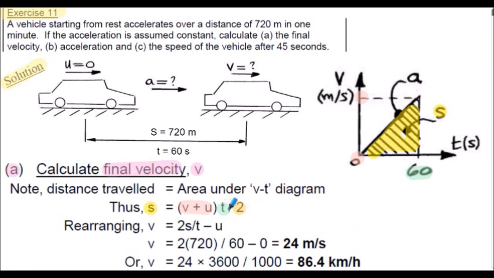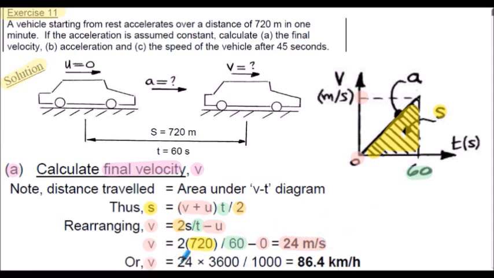But I'm going to rearrange the equation to find V. To transpose the equation, I'll multiply throughout by 2, divide throughout by t, and then subtract u from both sides of the equation. So inserting the values, the final velocity V is 24 metres per second.